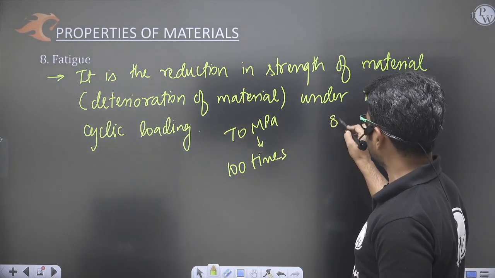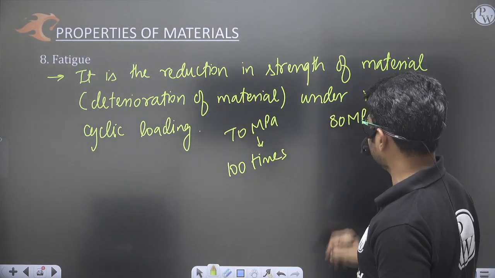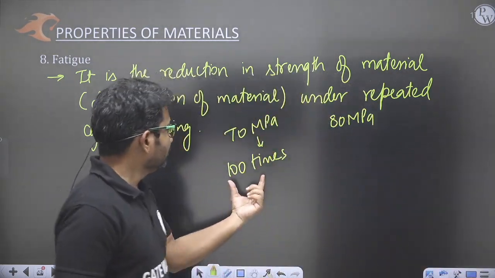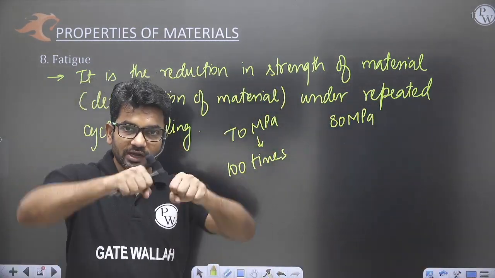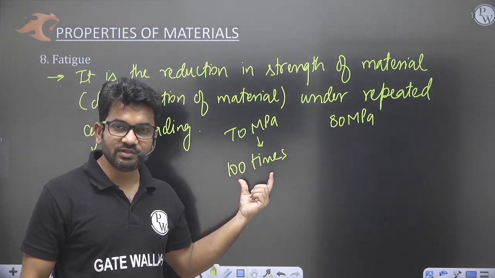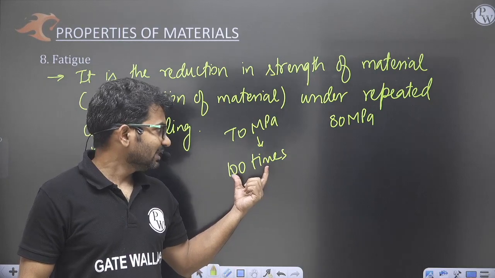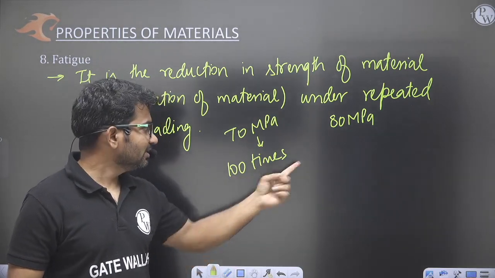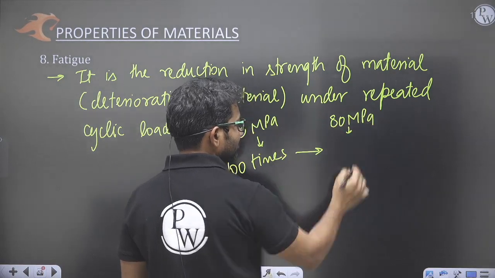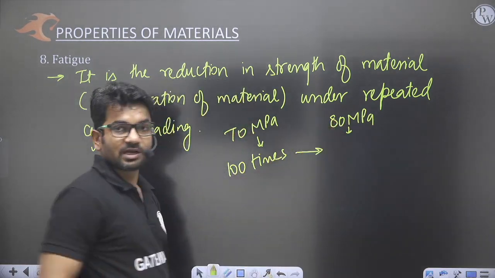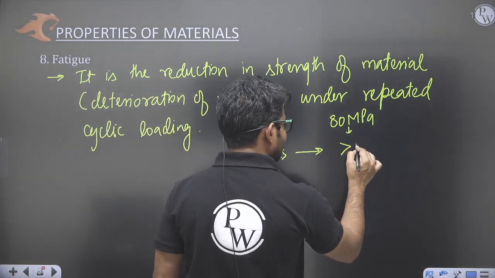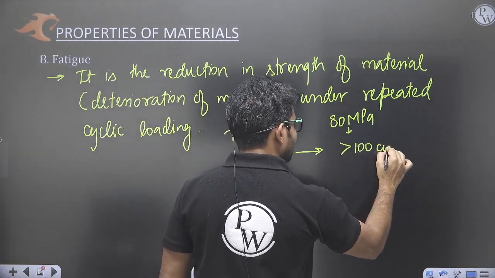But if I am able to apply 80 megapascal stress, will I need to apply 100 cycles again, or in fewer cycles will I be able to break it? In fewer cycles I will definitely be able to break it. So at 80 megapascal, the number of cycles required is less than 100.